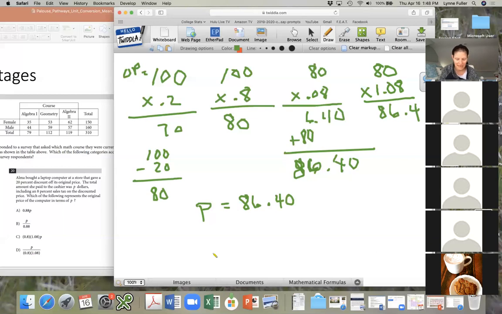If I did 86.4 divided by 0.88, that's $98.18. Again, not $100. If I did 0.8 times 1.08 times 86.4, that's $74.65. So D, 86.4 divided by parentheses 0.8 times 1.08 end parentheses, that gets me back to $100.